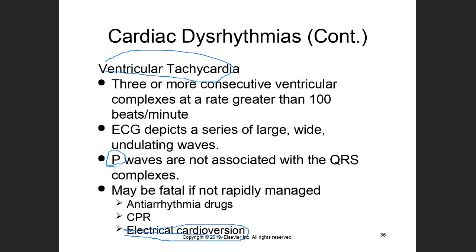If you have an arrhythmia that is slow, then the treatment is medication. Always first is medication, and then if the patient is unstable, the other treatment is a pacemaker.